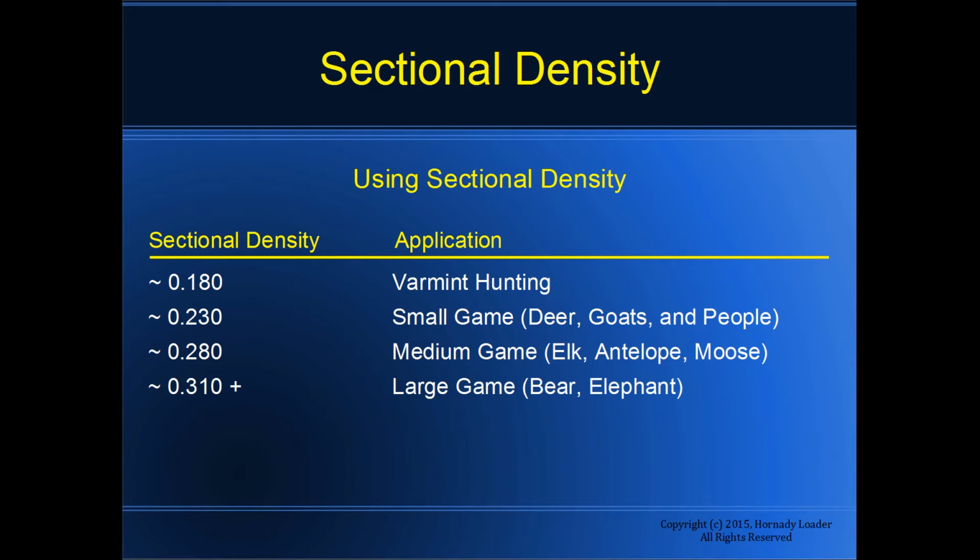You've got backpacks, heavy mesh straps holding their gear on, and combat armor and things like that. So for a defensive round, a sectional density of 0.230 is a little high. But for military and police applications, I think that's more appropriate, maybe even bigger if you're dealing with combat armor.